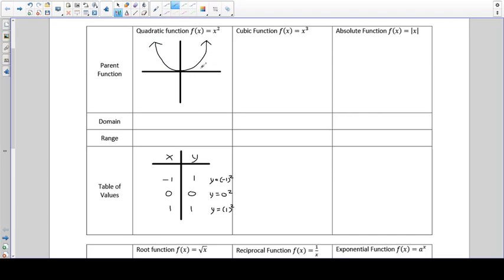Now, when we're looking at domain and range over here, we can see that there is no limitation in terms of how far we can go to the left and no limitation on how far we can go to the right. So as a result, we know x ∈ ℝ, right? And in interval notation, that is going to be -infinity to +infinity. For range, however, for y equals x squared, we do have some limitation.